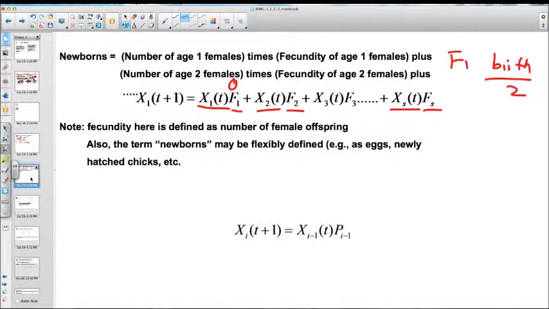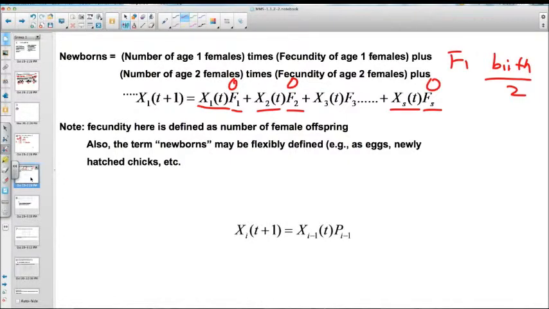You can put a 0. There's nothing wrong with putting a 0 there. And some birds may be too old to lay eggs. You can put a 0. So in the most generic case, the newborn species comes from all the contributions of different ages. That's the only long equation involving all the variables.